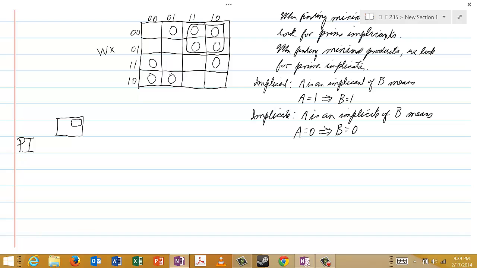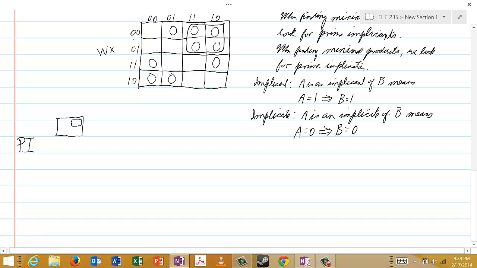Now, just as before, we want to identify what variables are constant. And we notice that W is constant and equal to 0 over these 4 cells, but X is changing. The value of X on the top row is 0, the value of X on the second row is 1. Since X is changing, it will not appear in the name.